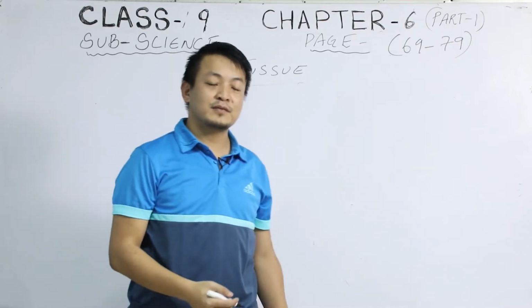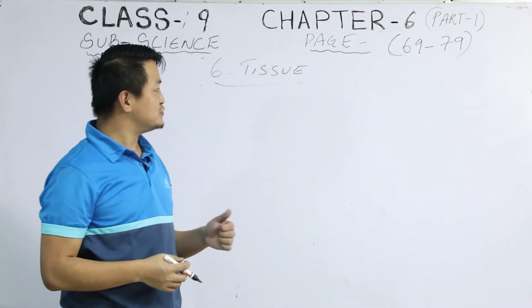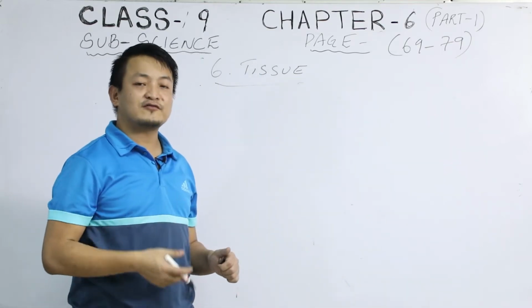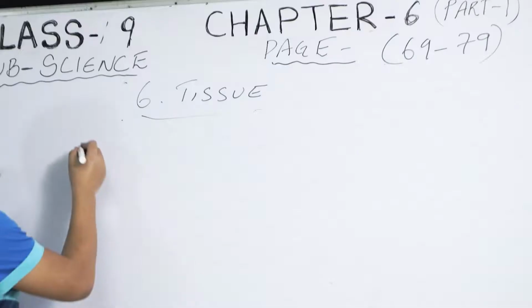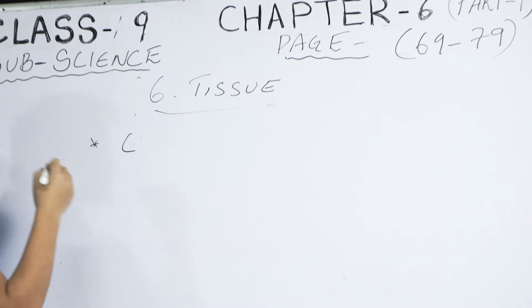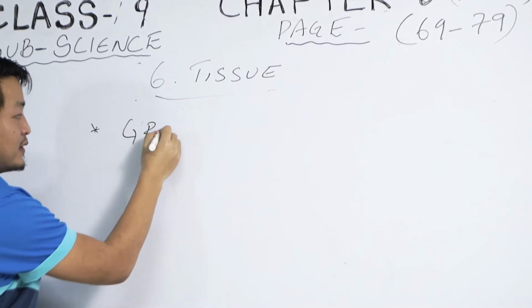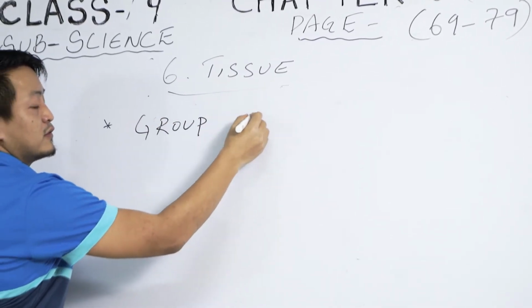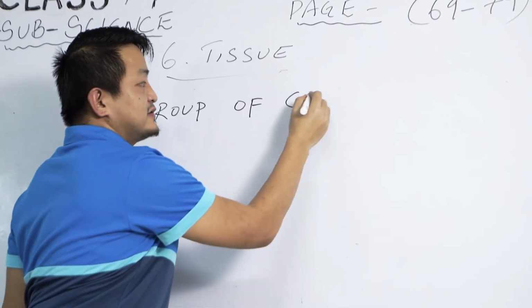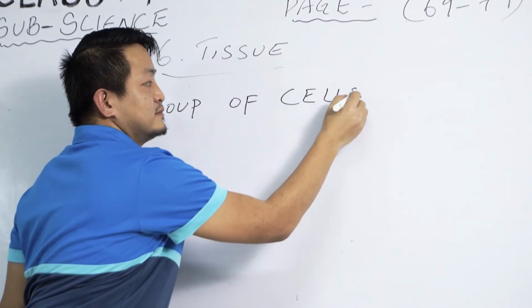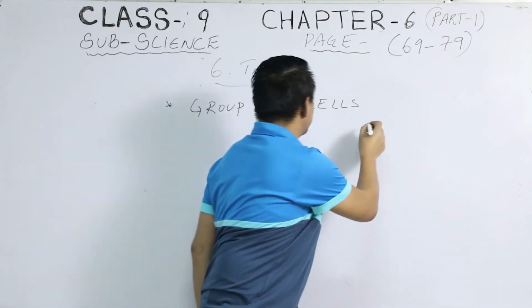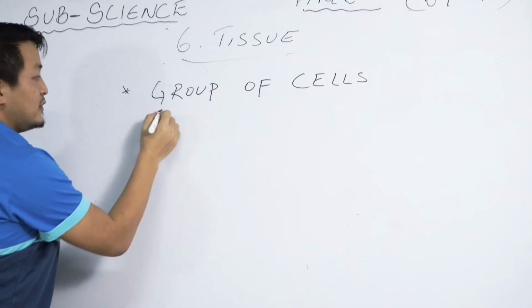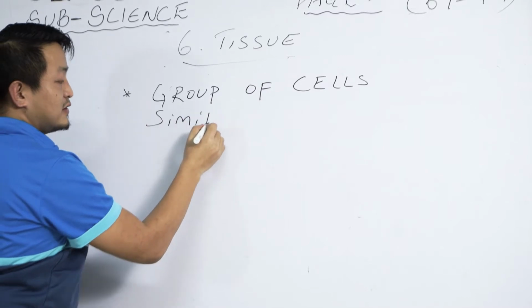What is tissue? We have studied about tissues right from class 5, 6, 7, right? So now tissue, this is a group of cells, okay? In simple words, it is a group of cells that are similar in structure, okay?